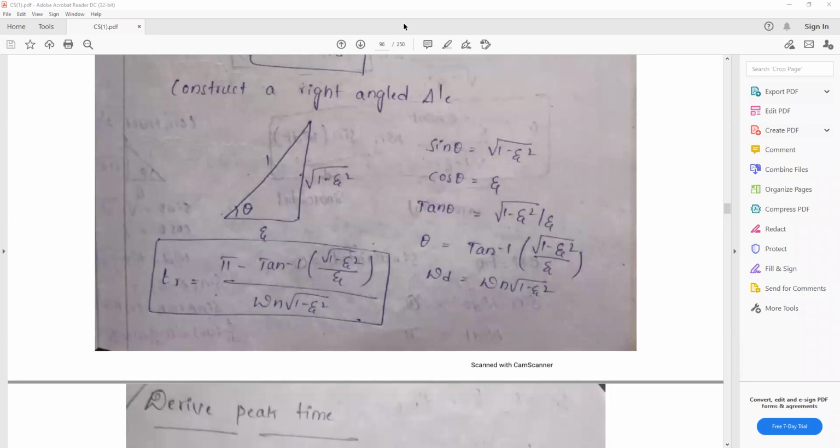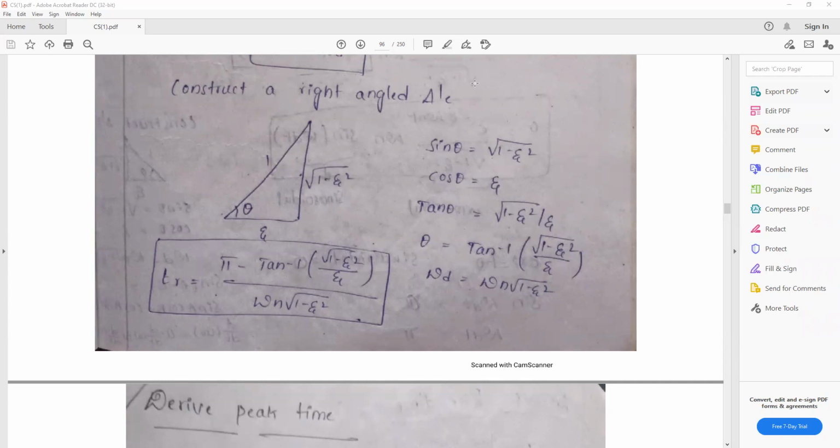Eta value equal to 0 is undamped system, eta value equal to 1 is critically damped system, 0 less than eta less than 1 is underdamped system, and eta value greater than 1 is overdamped system. So calculate the time response of these 4 damped systems and the time domain specifications.